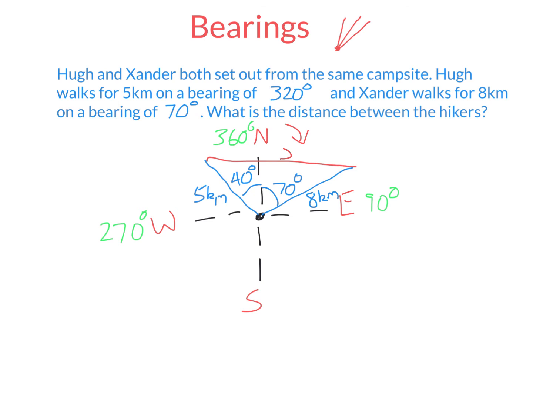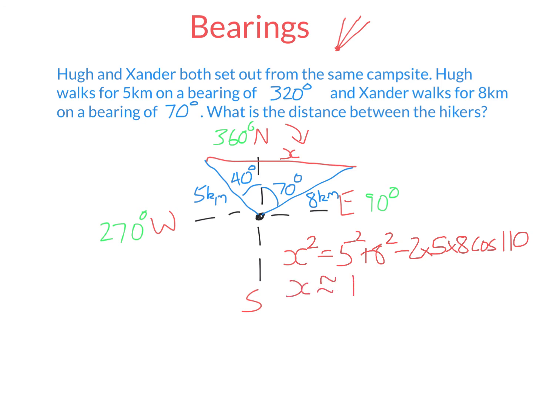If I call the distance between them x, I have from the cosine rule, x squared or c squared equals a squared plus b squared minus 2ab cos C. Now, the angle between them is 110. So if you put that on your calculator, remember that gives you x squared. You need to square root your answer, and you should get 10.79.